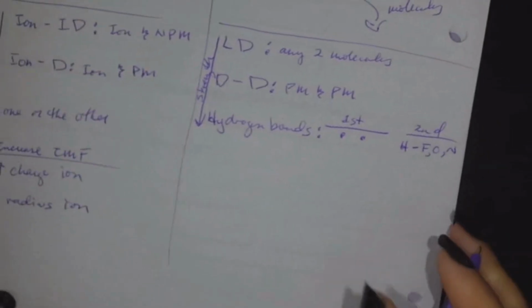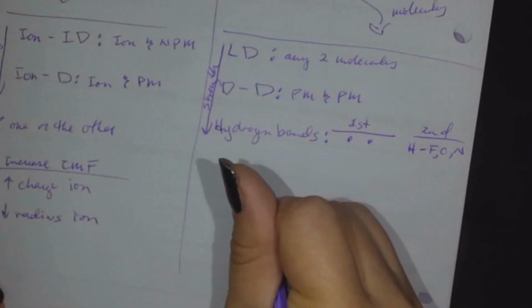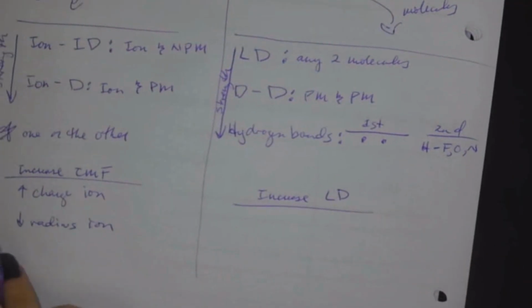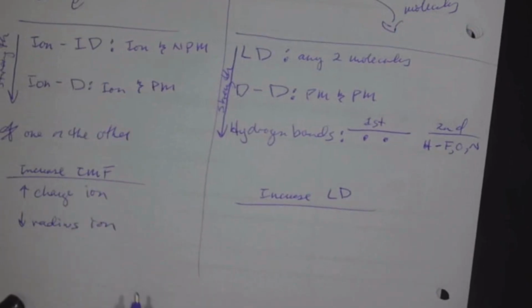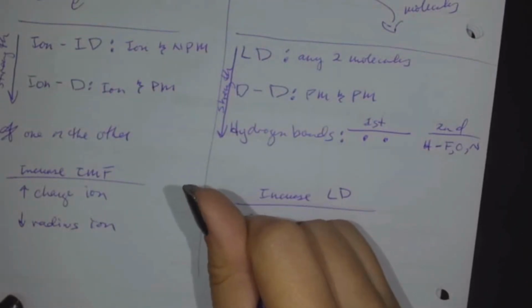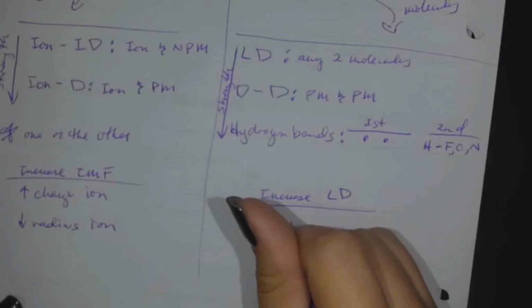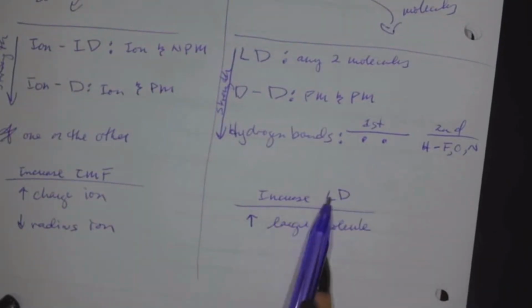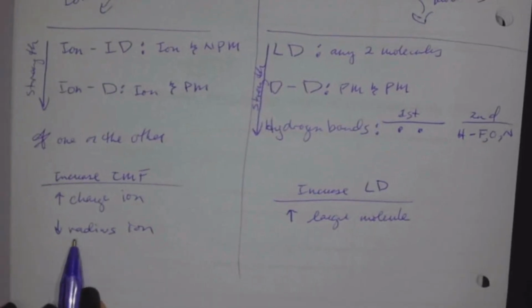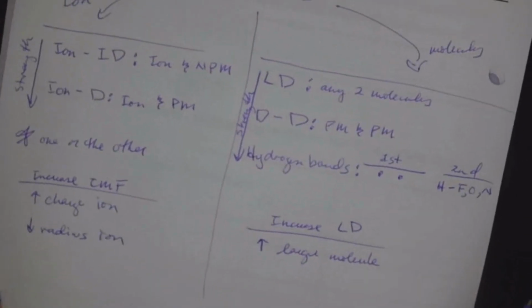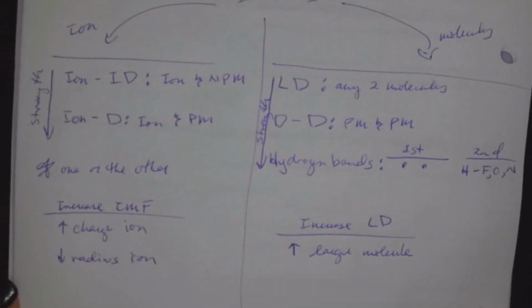However, we increase London dispersion not with ions, but with size. If we have a larger molecule, then it increases the London dispersion, whereas for ions, if the radius is smaller, it increases. Smaller radius, larger molecule.